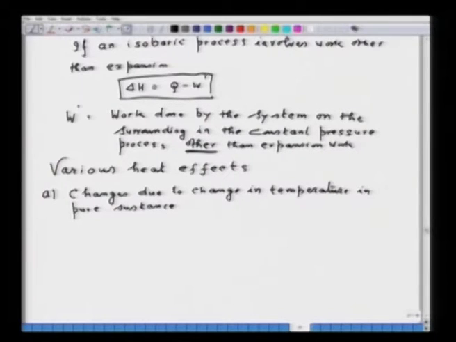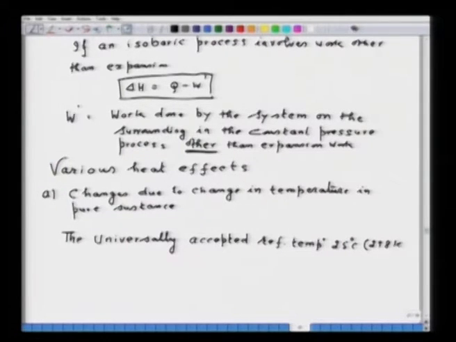Now, the universally accepted reference temperature, I hope you know from your elementary course on thermodynamics, is 25 degree Celsius or 298 Kelvin, because the enthalpy at 298 Kelvin or 25 degree Celsius is taken equal to 0.